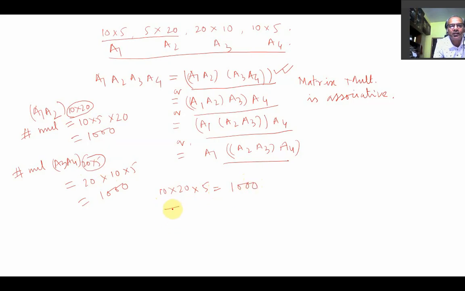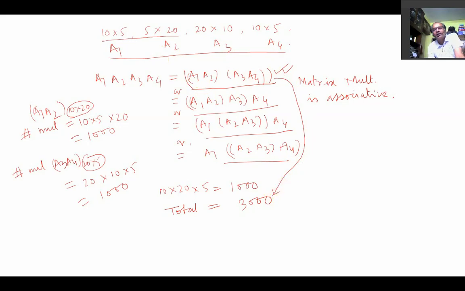So the total number of multiplications is 3000. Total number of multiplications needed for a1 a2 a3 a4 in this order is basically 3000.